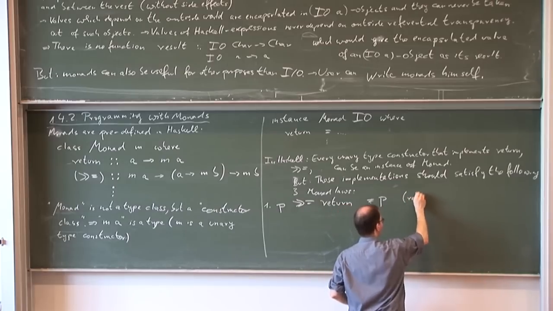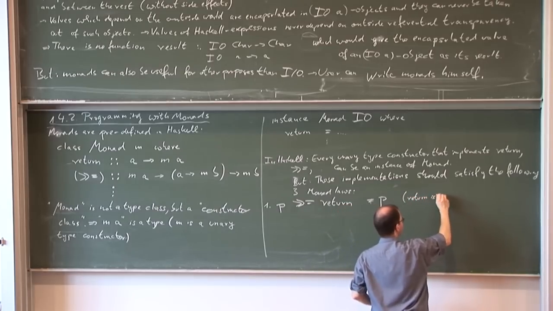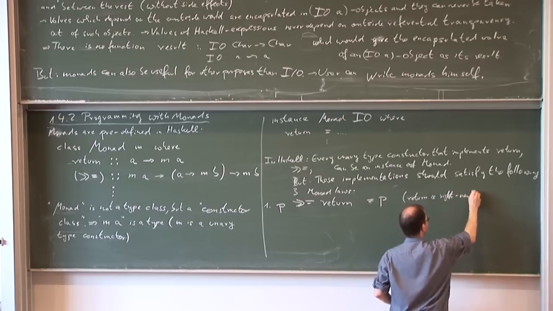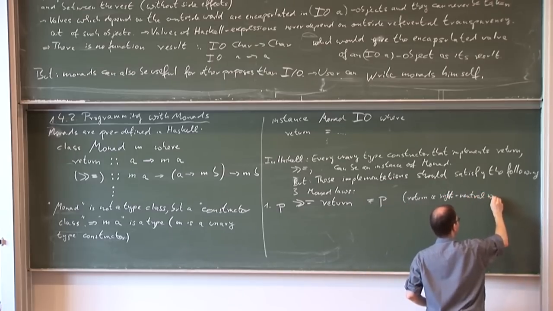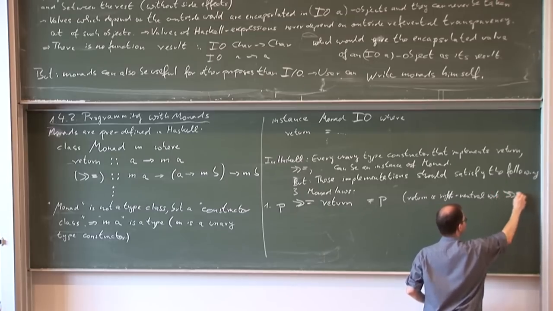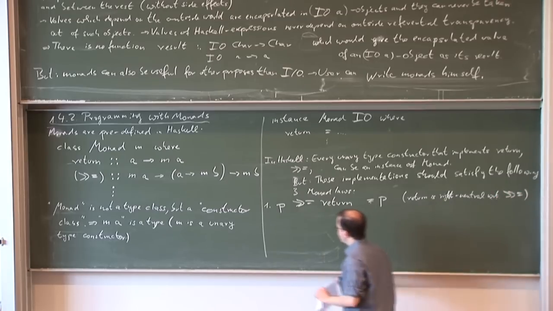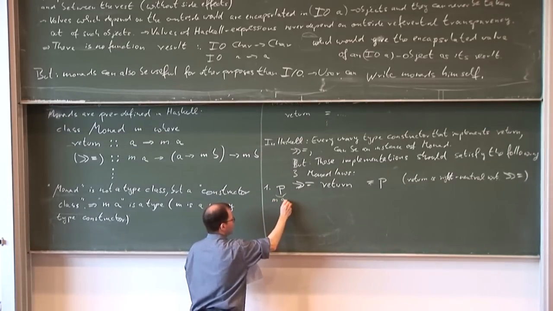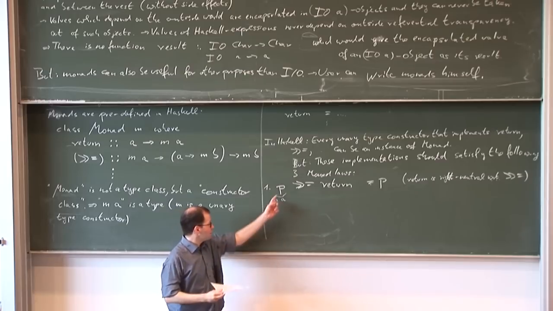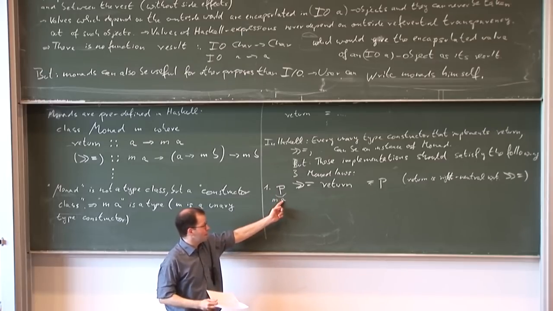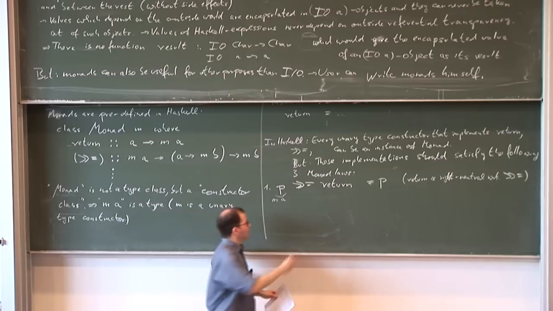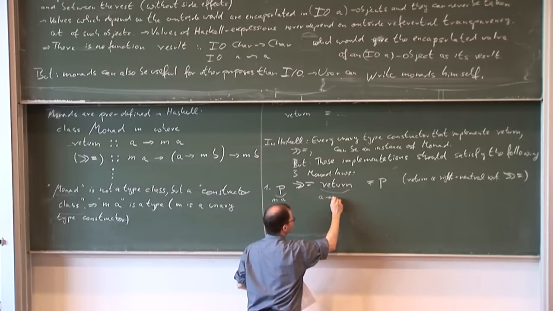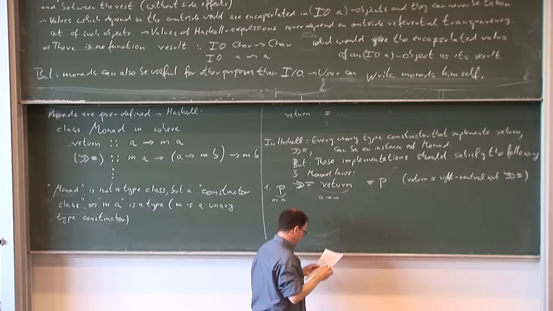So in other words, return is right neutral with respect to bind. So what does this mean? This means if you have an object of type MA, a monad object where an object of type A is encapsulated, and then you combine it with return, and return does the following thing.